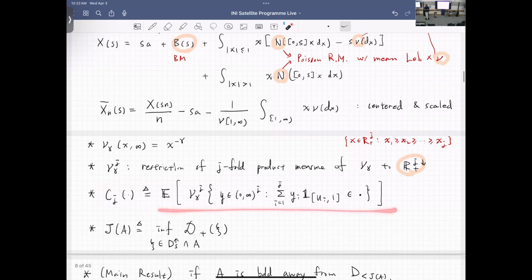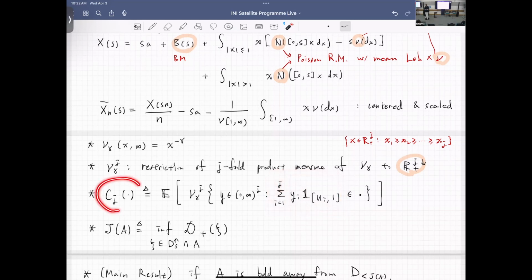It is in this form. So it's the measure of the sets, and it is going to be evaluated at events or sets in the path space. So this is a path, right? At U_i, you make a jump. The size is y_i. So this is a step function with exactly j jumps, right?